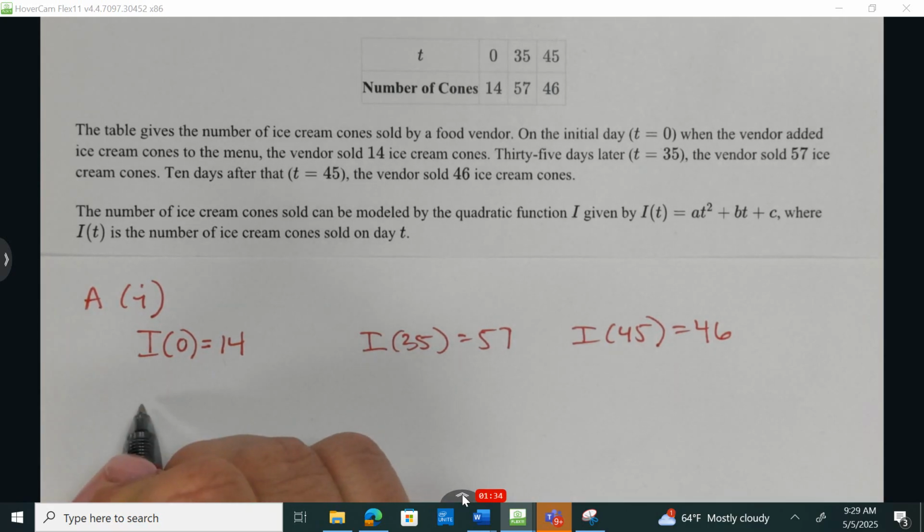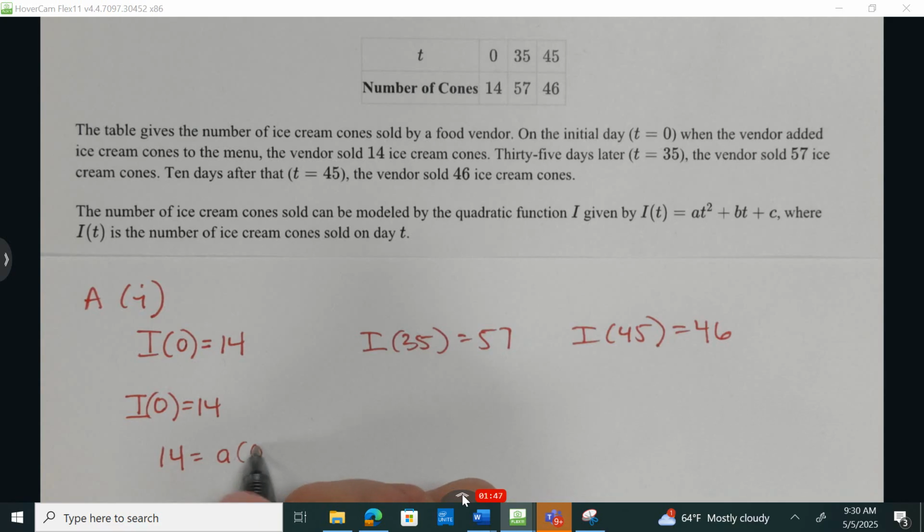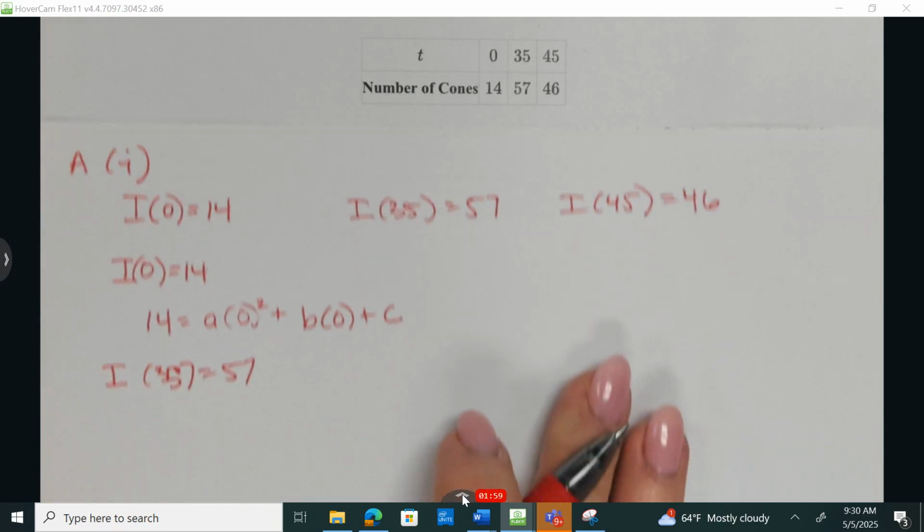So let's start with the very first one. 14 is equal to A, and now I'm going to substitute in 0 for T, and 0 for T again. And then I of 35 equals 57.